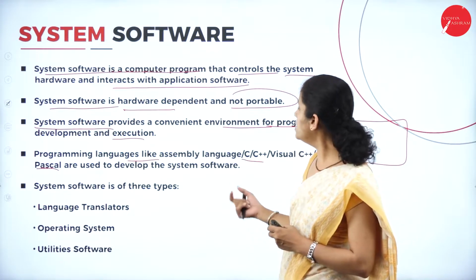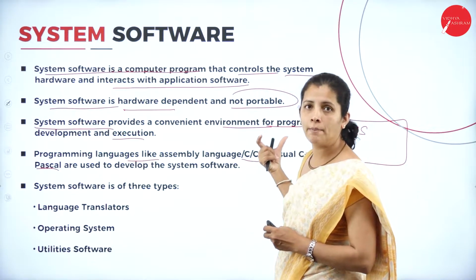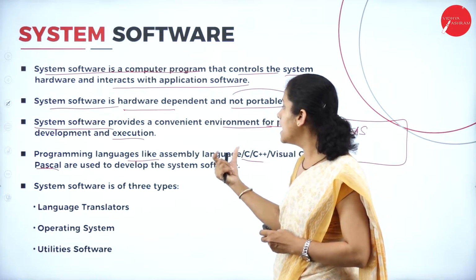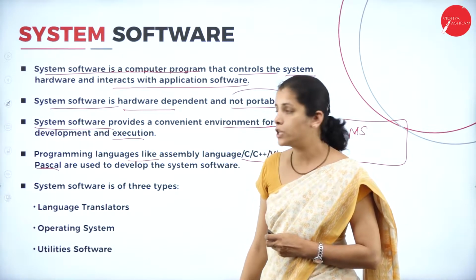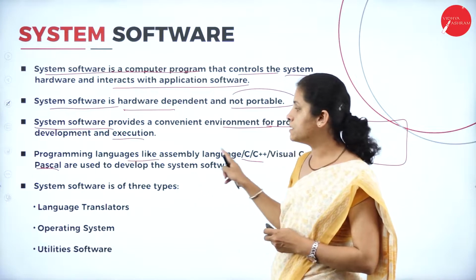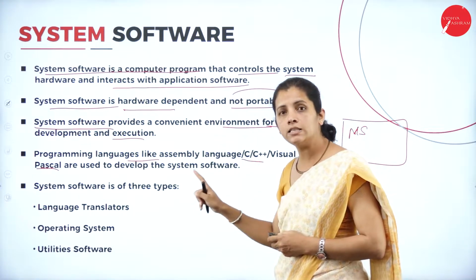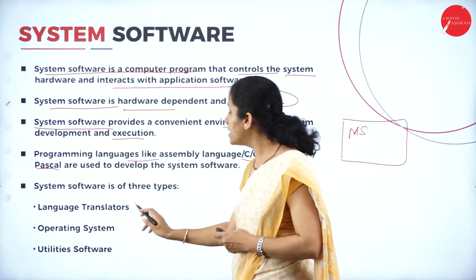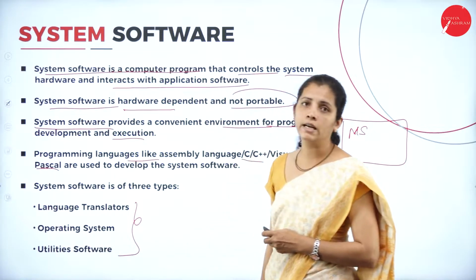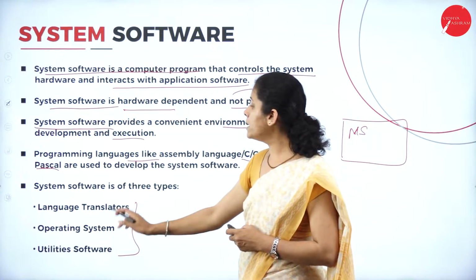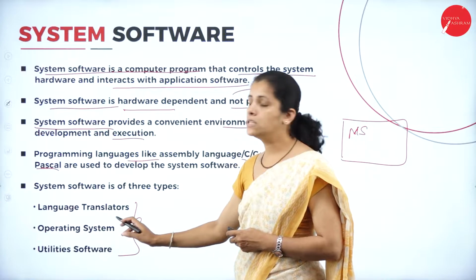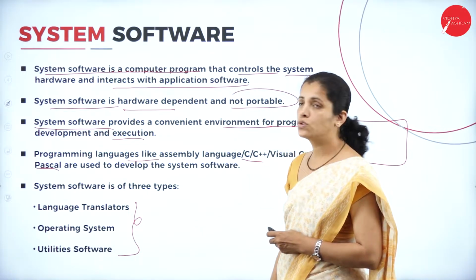That means all the high level programming languages as well as assembly level languages are used to develop system software, and these system softwares are further classified into three types, that is language translator, operating system, utility software.